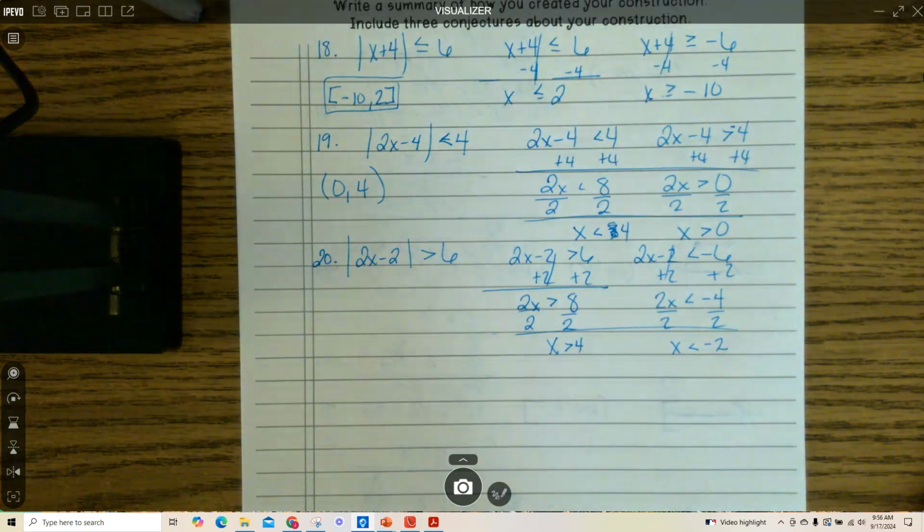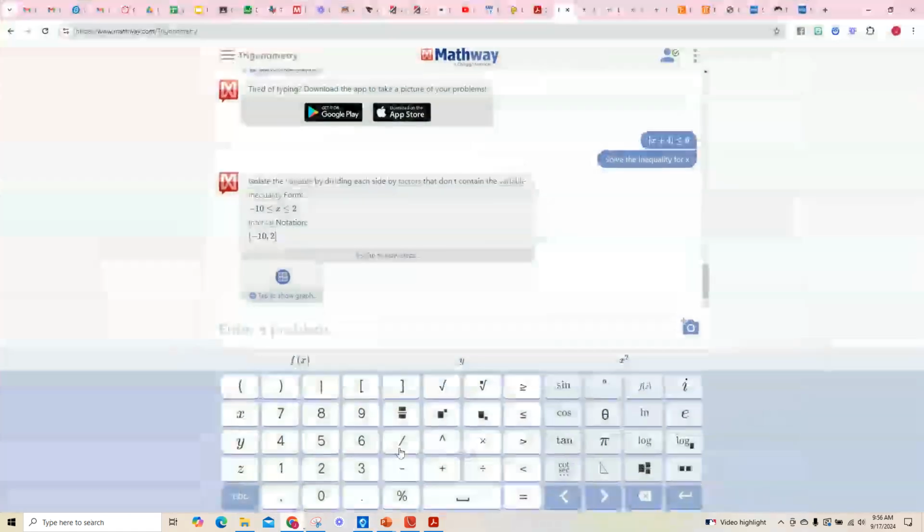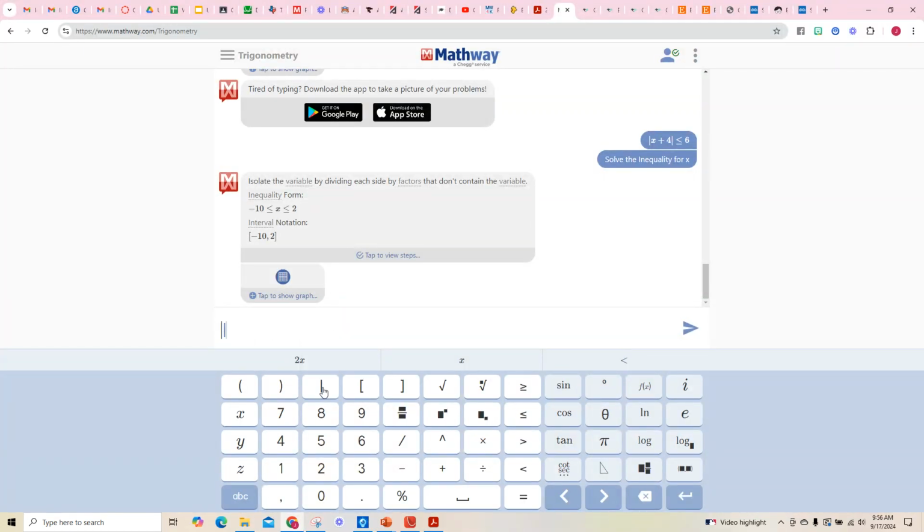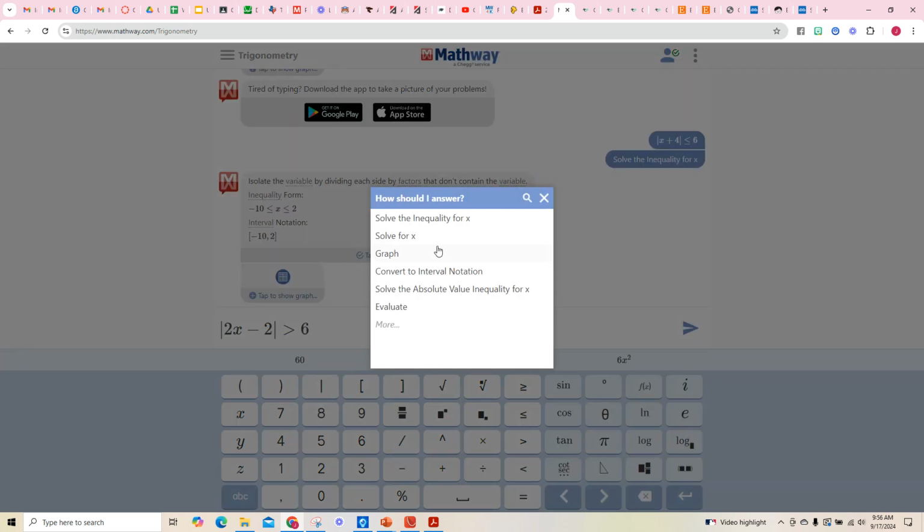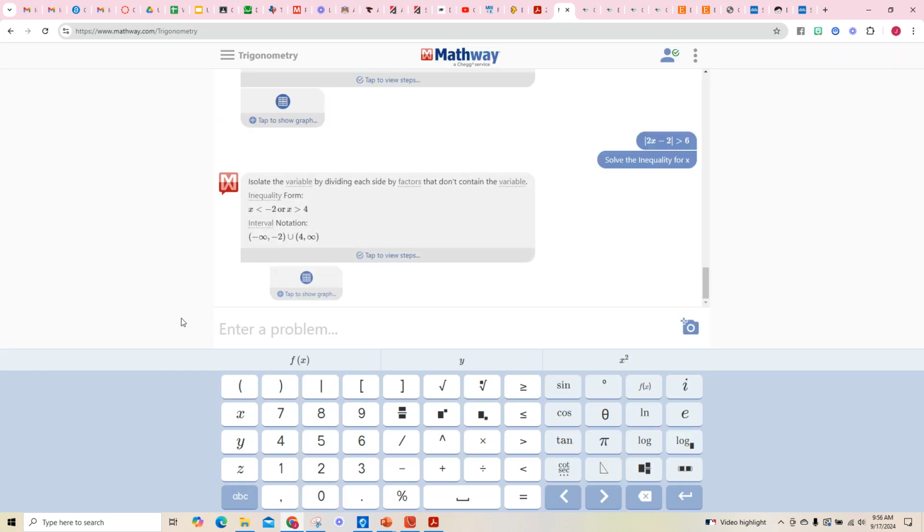It wants it in interval notation. Give me a second, because this is one of those weird ones, because you're going like this on the number line, away from each other. Okay, it's a union.